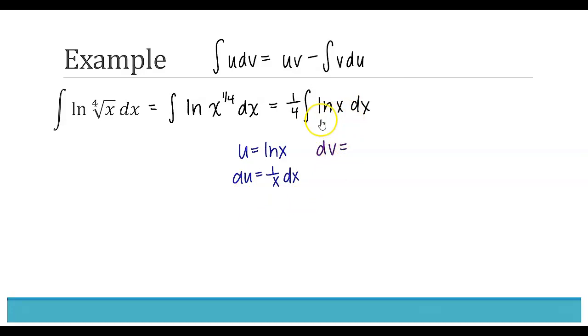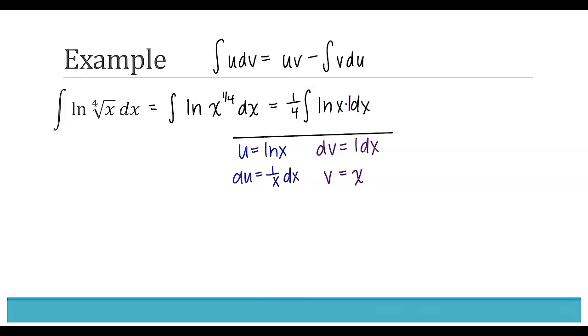So here I do have a product. This is the natural log of x times 1 dx. So my dv is 1 dx. So to find v, I have to take the antiderivative. Well, the antiderivative of 1 dx is just x. So now I have my scratch work set up.